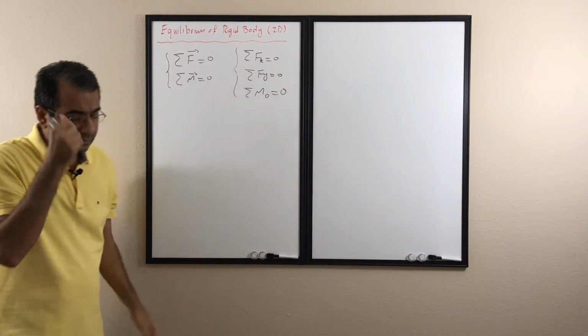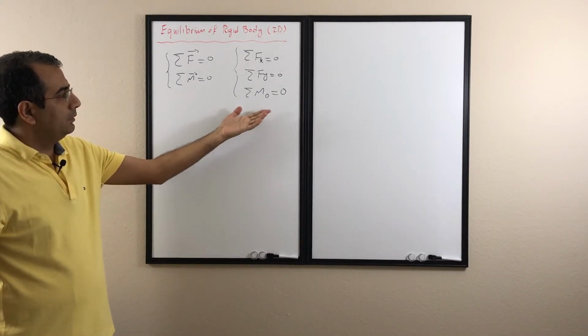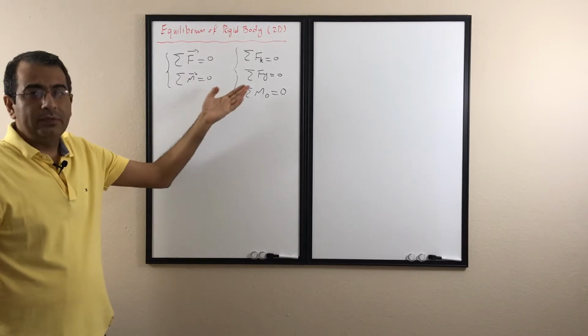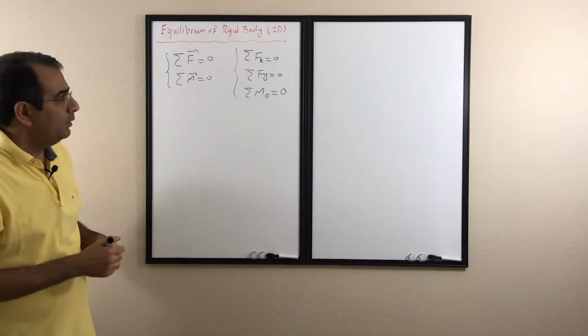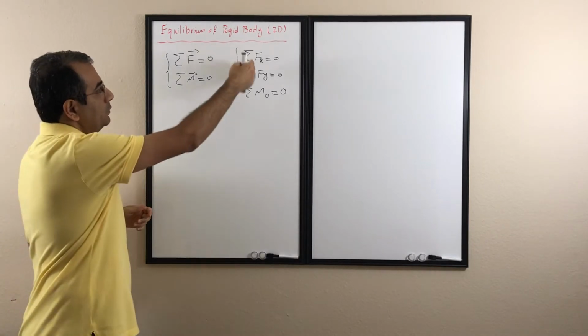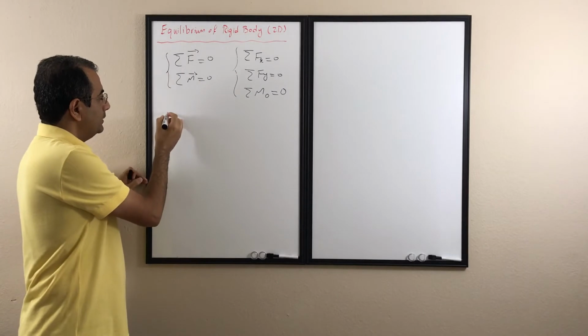So this is probably the classical form of writing them, but we can write these three equations in a different format. Instead of having two forces in the x and y directions and one moment, we are going to have one force and two moments.